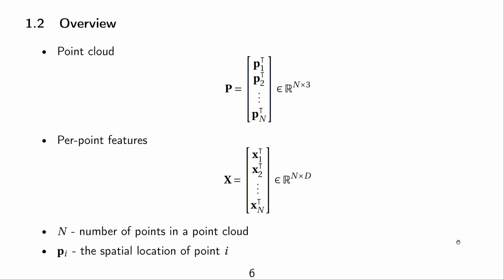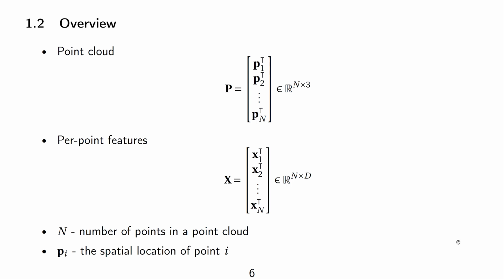In this lecture, we're going to talk about processing of point clouds. A point cloud is given by a set of points, and typically we're dealing with points in 3D space.